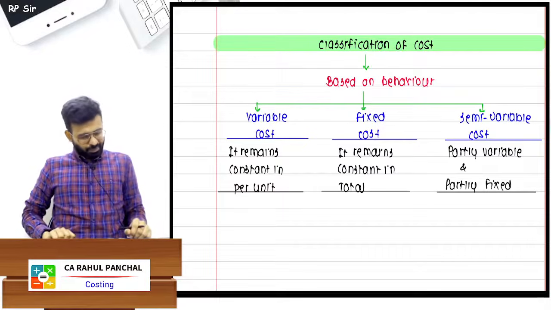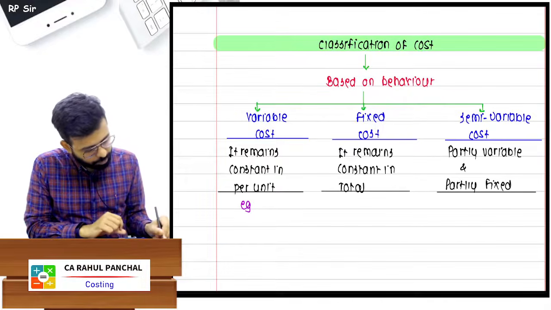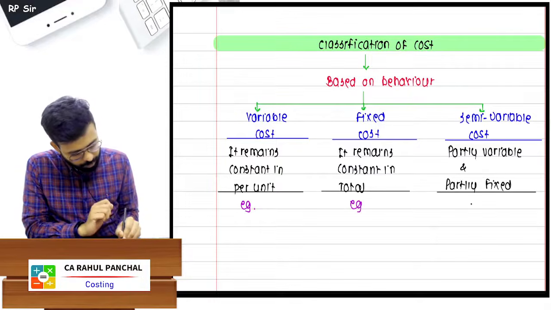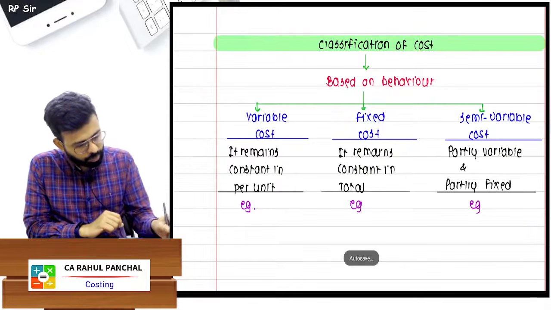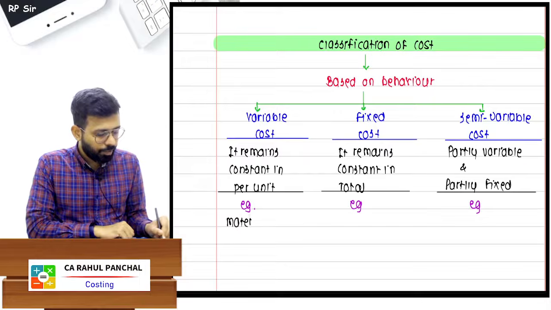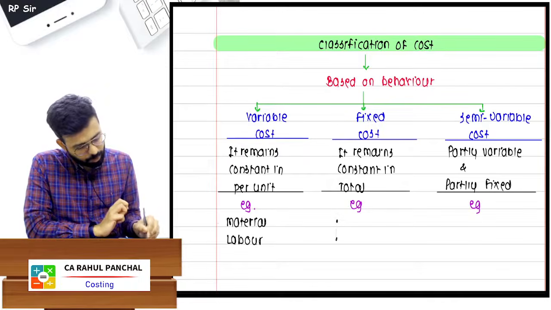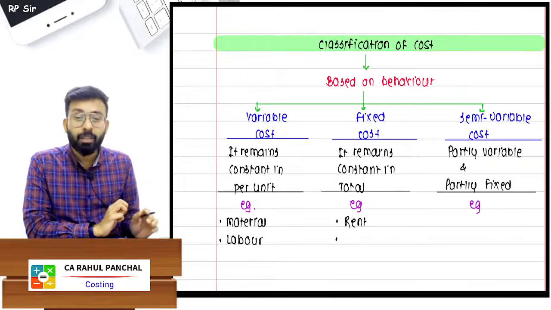For the purpose of example, I can give you a few examples. Here I can say material and labor are your variable cost. Here I can say rent or salary of supervisor.